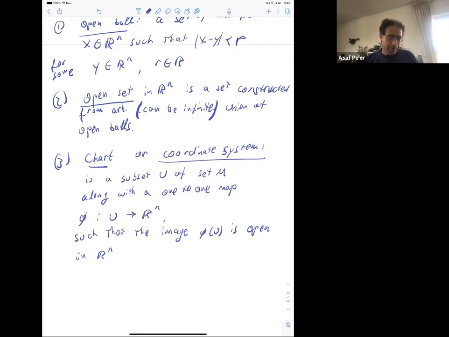Now, since any map is onto the image, it means that it's invertible. It's one-to-one. So U must be an open set in M.